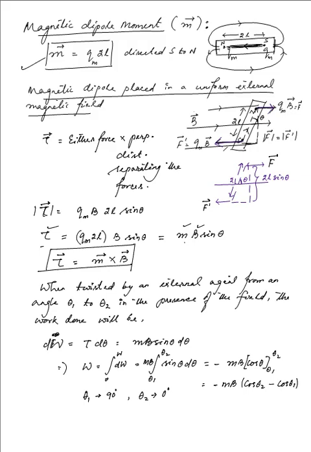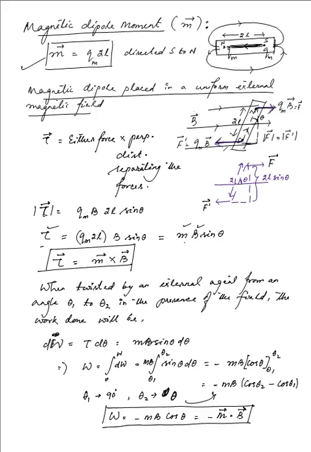Then this expression simply changes to minus mB cos theta, and the other cos theta 1 is cos 90, so that goes to 0. So what we have over here is simply minus m dot B, the dot product of the magnetic dipole moment with the magnetic field intensity or the magnetic induction vector.